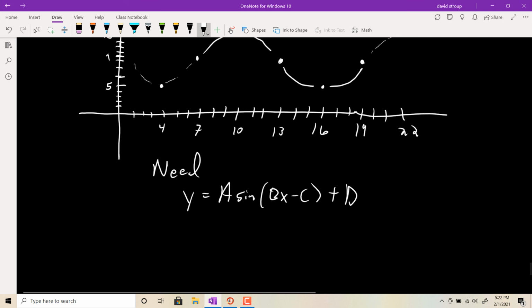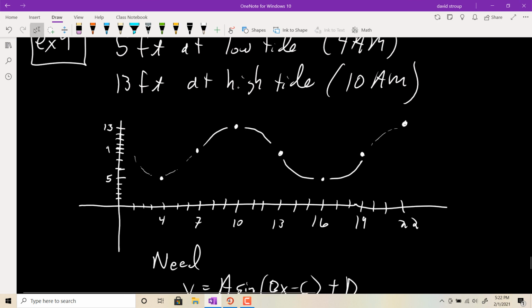So first off, the amplitude. For the amplitude, you take the distance between the lowest point and the highest point, and then subtract the two. The highest point is here at 10, 13. That's what the 13 feet at high tide meant. At 10 a.m., it's 13 feet high.